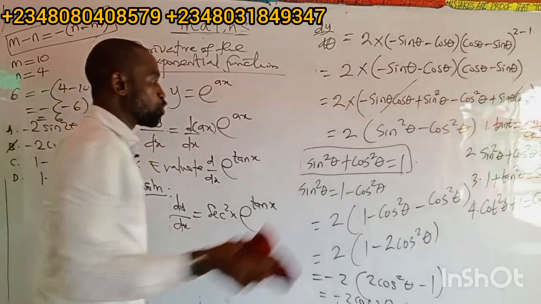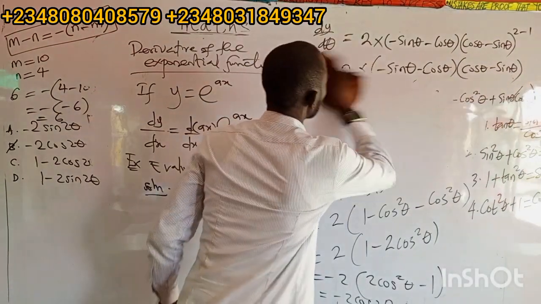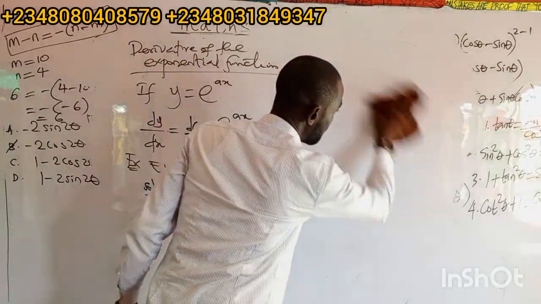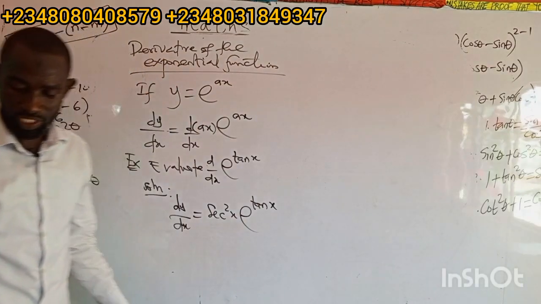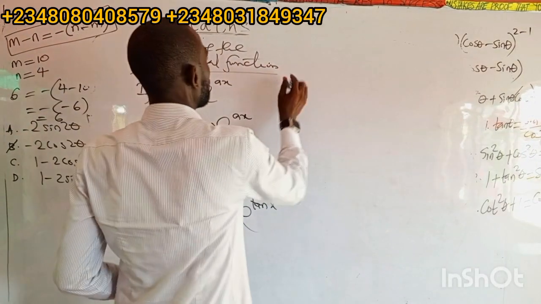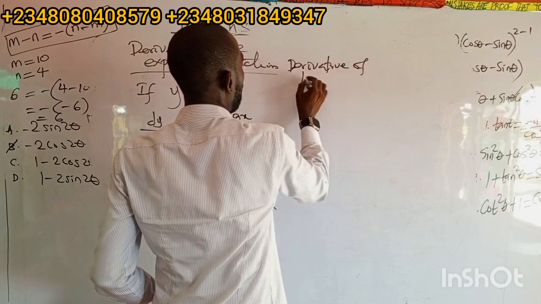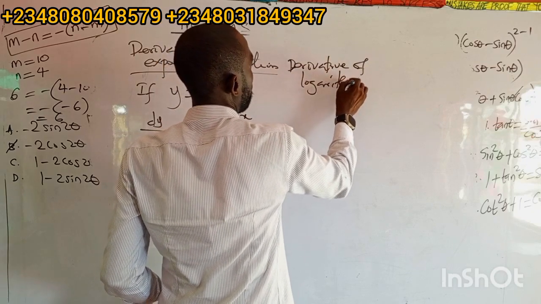I don't want this video to be too long. So let me just do the logarithmic function, give you all the derivatives, and the rest we will continue in the next video. So now, derivative of logarithmic function.